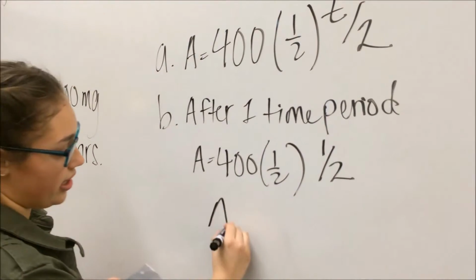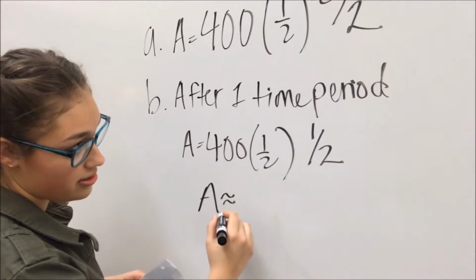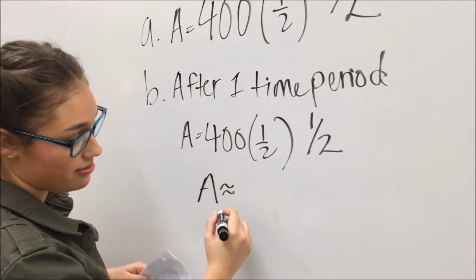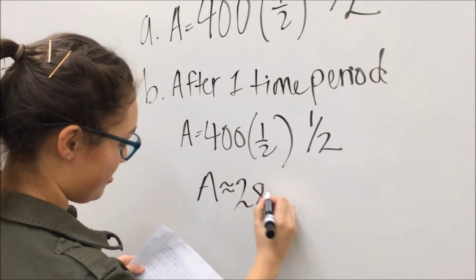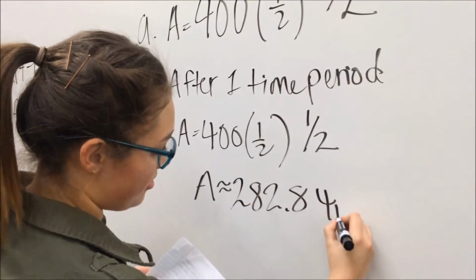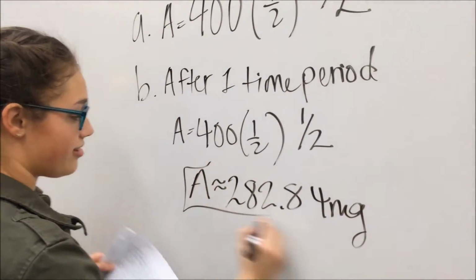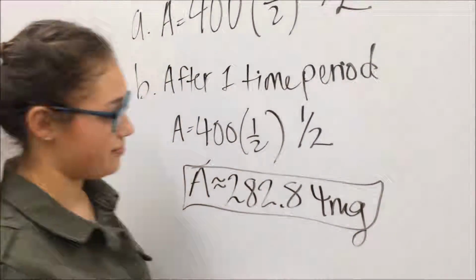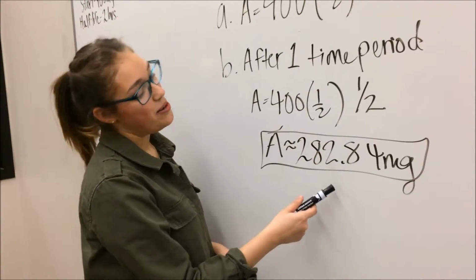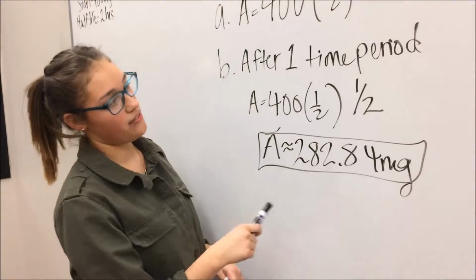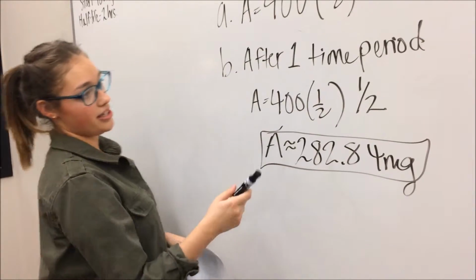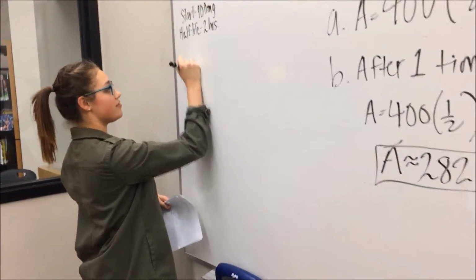And then you calculate that, so that would be about 282.84 mg. So 282.84 milligrams would be how much is left in your body after one time period. So let's move on to part C.